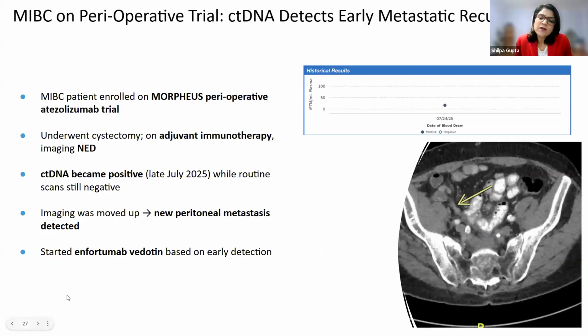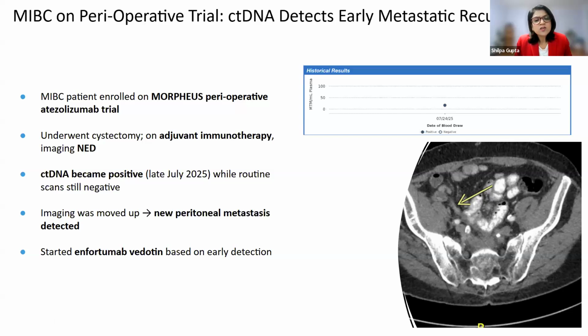And this is actually another interesting patient I had. He was also a clinical trial patient. He was on the Morpheus trial for MIBC. He received perioperative atezolizumab, neoadjuvant and then adjuvantly. He underwent cystectomy and he had pT2, I believe, at surgery.